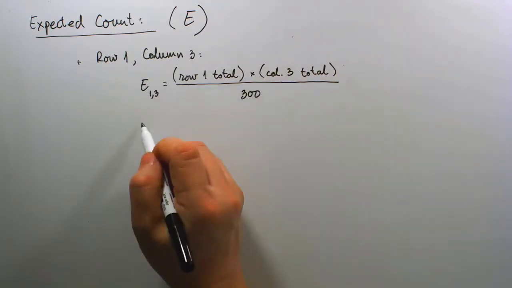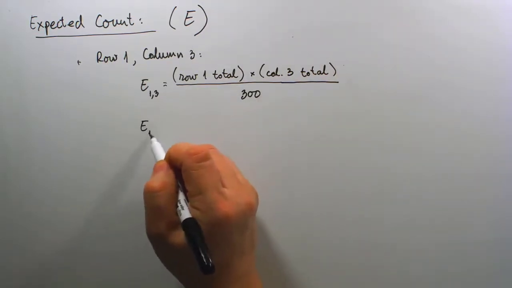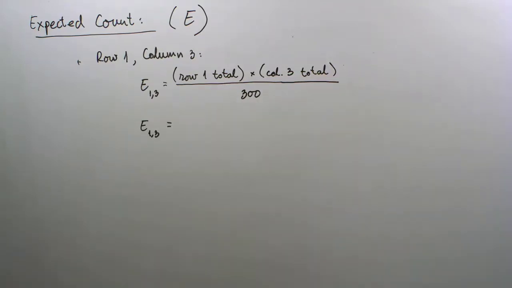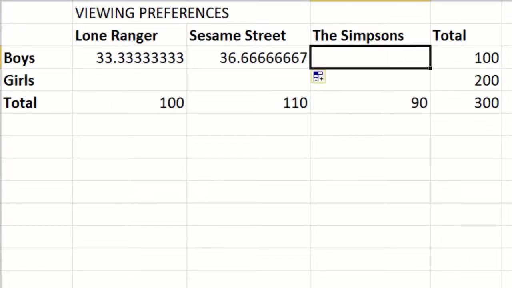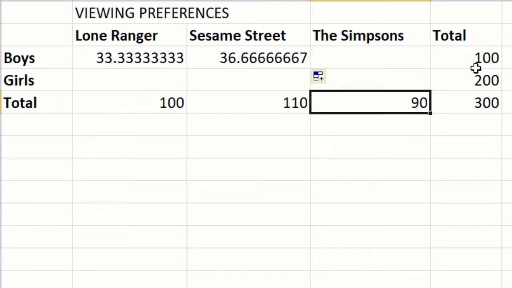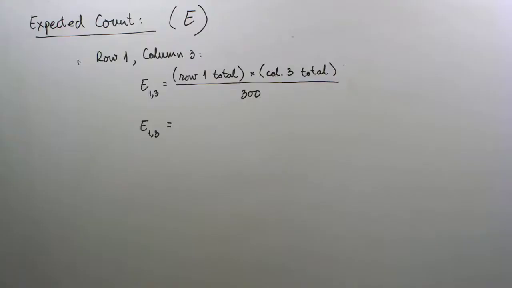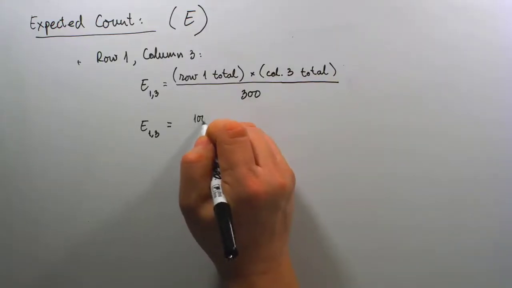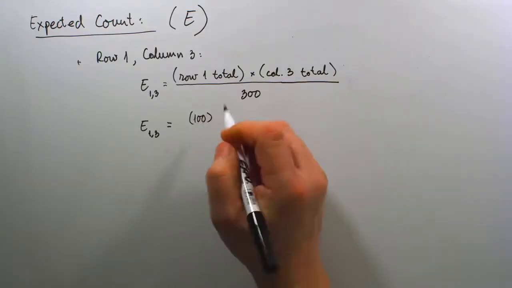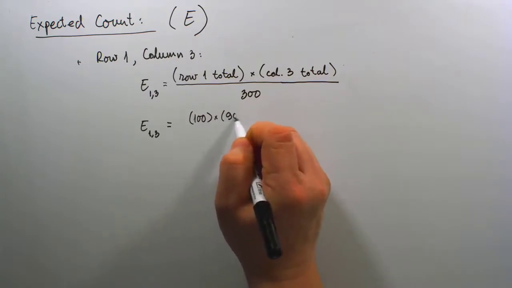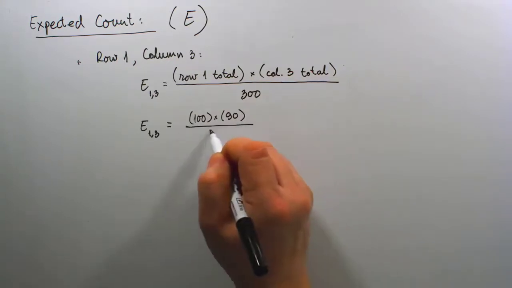And that means in the next step, for the actual calculation, quickly looking back at our table here, row 1 total is 100, but column 3 total is 90. So 100 is my row 1 total times 90 is my column total, and I'm going to divide by 300.